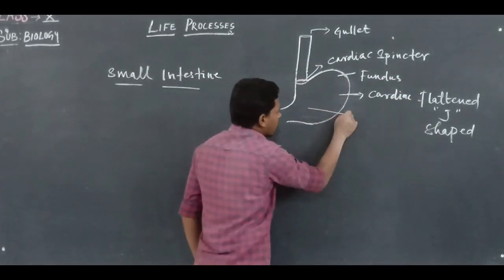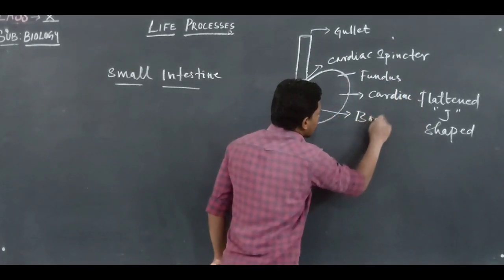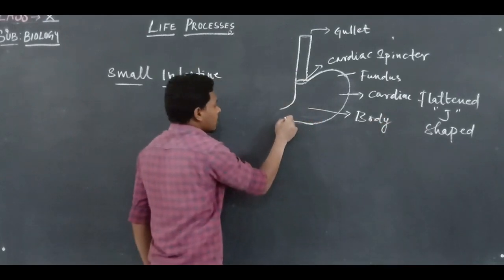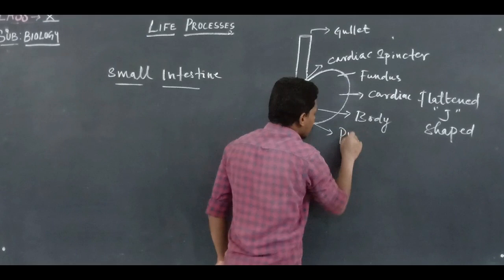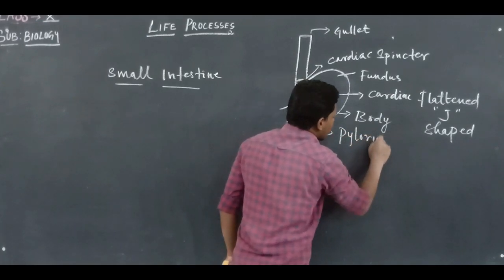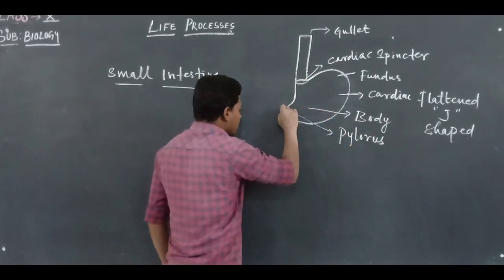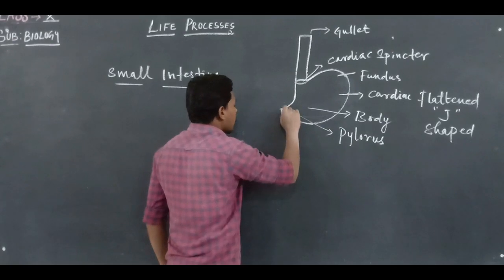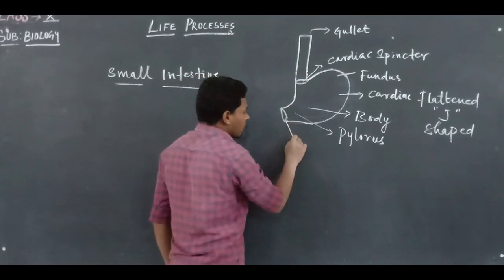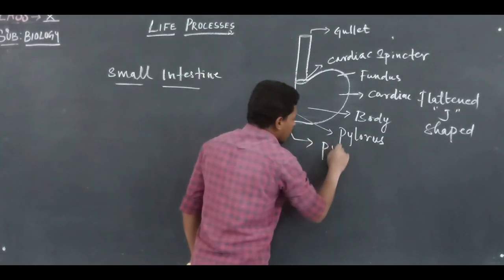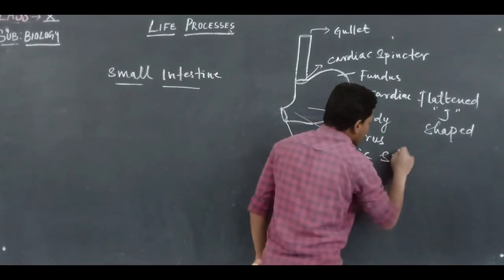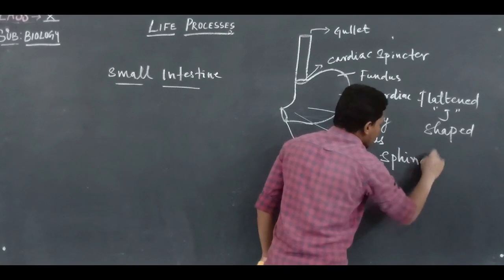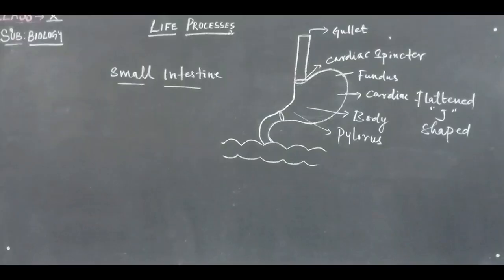The main part is known as the body, and the ending part is known as the pylorus, and it is regulated again by a sphincter known as the pyloric sphincter.